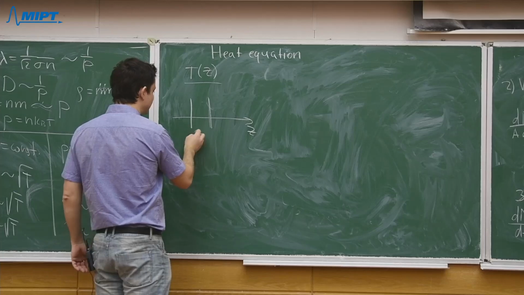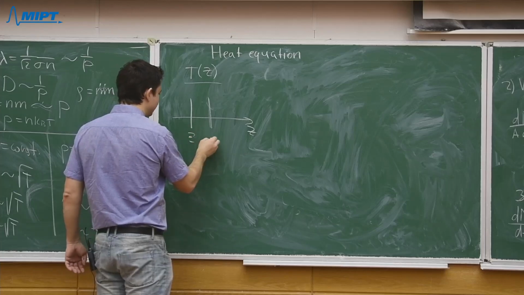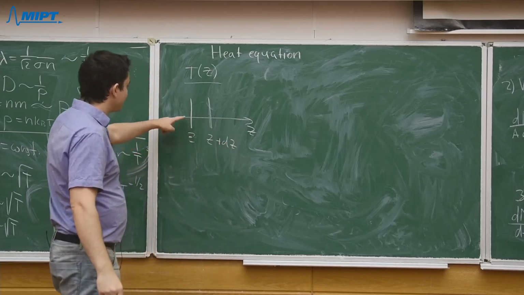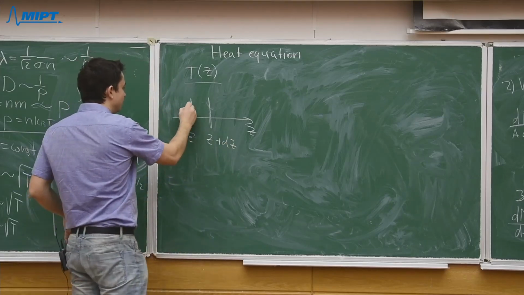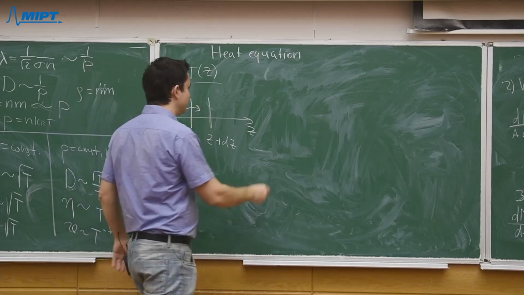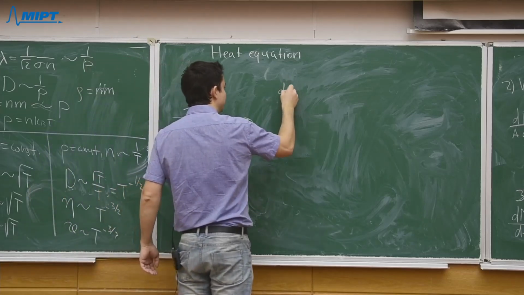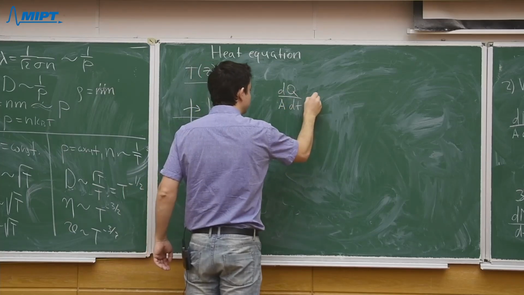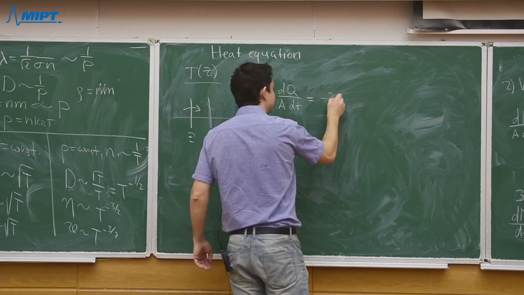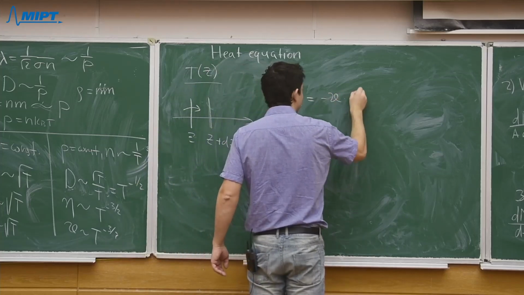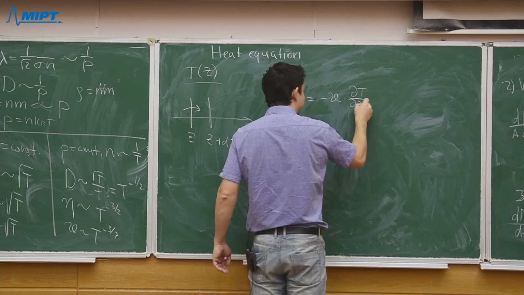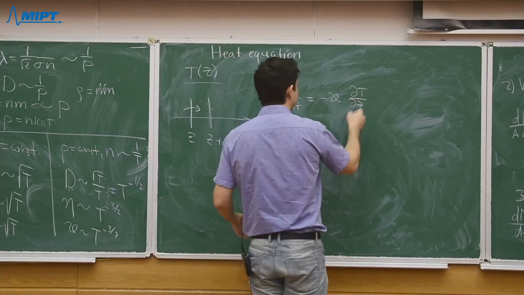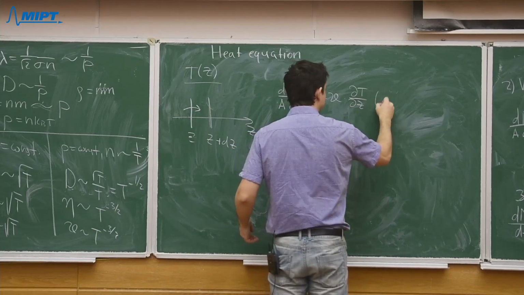Let's say we have here z, we have here z plus dz, and we know that in here the flow of heat, which is dQ over the cross-sectional area over dt, is equal to minus kappa multiplied by dT over dz. But of course, that should be determined at the point z. So all of this is calculated at z.